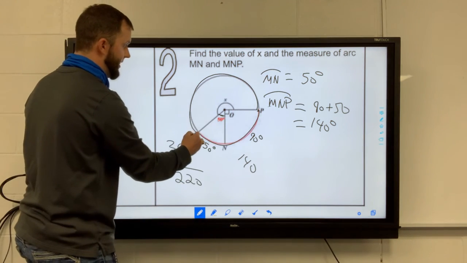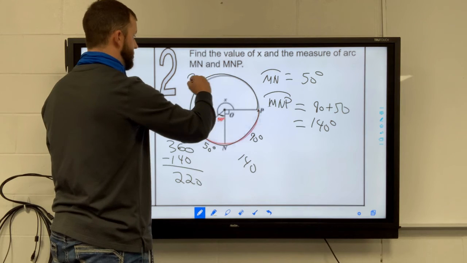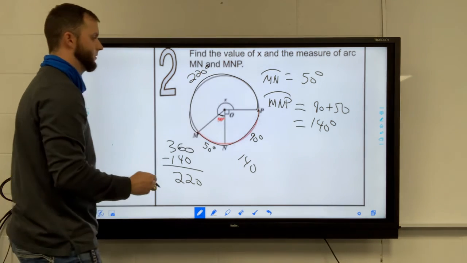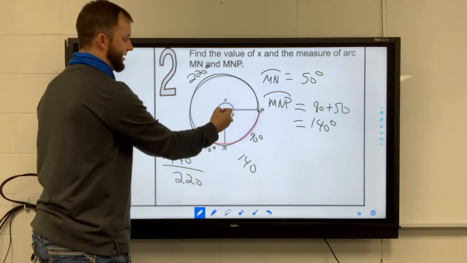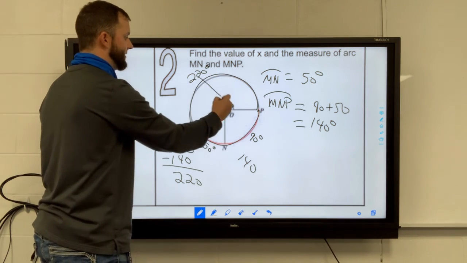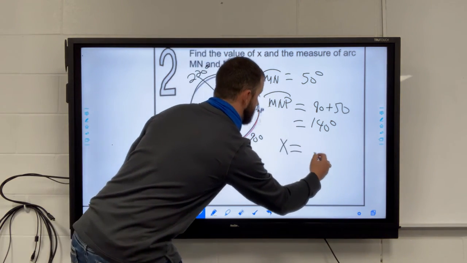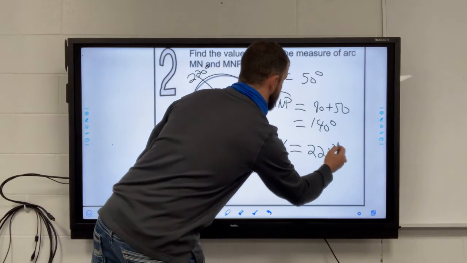So that means from M all the way to P over here is going to be 220 degrees. So now if I look, my central angle is also the same measurement as its arc. So that means X is going to equal 220 degrees.